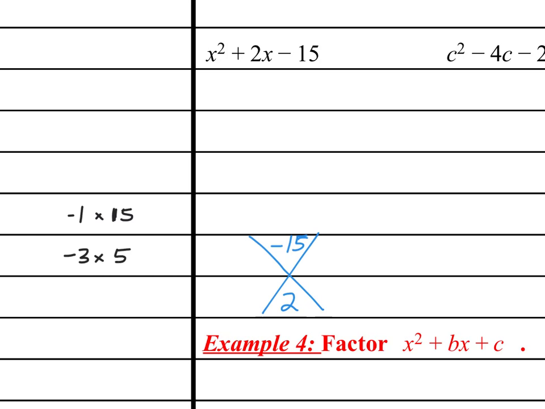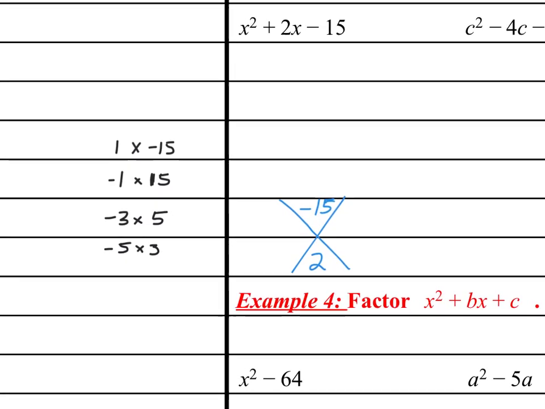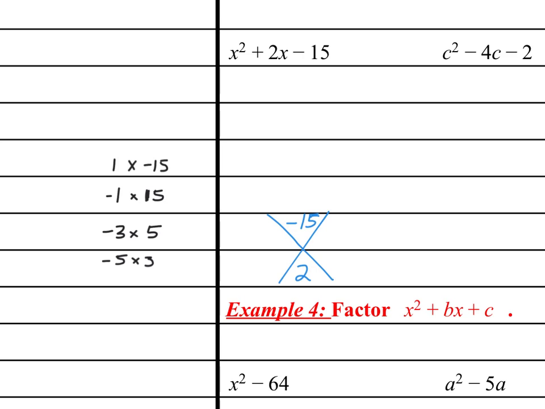So you could do negative 3, positive 5. You could do negative 5 and positive 3. You could also do positive 1 and negative 15. Look at your factors. So these are the combinations we thought of. All of those multiply to negative 15.